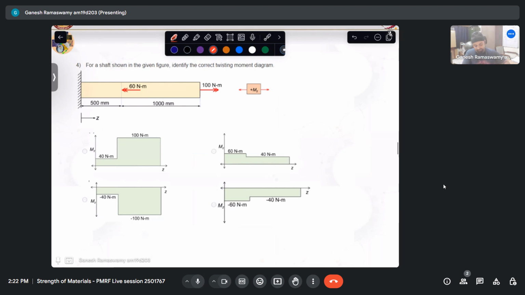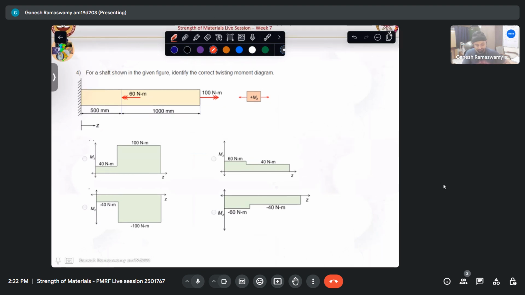So let us look at this question. For a shaft shown in the given figure, identify the correct twisting moment diagram. So let me draw the shaft. The shaft is like that, and then I have a twisting moment of 100 Newton meter.